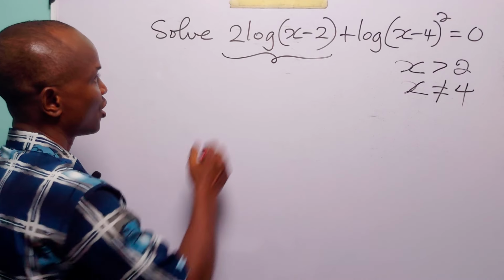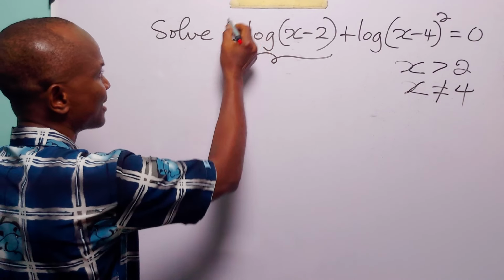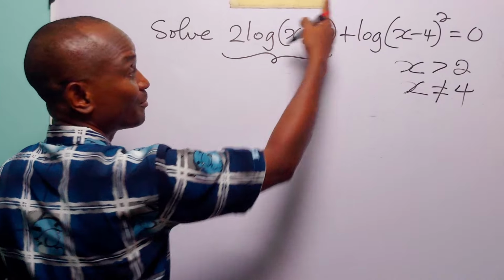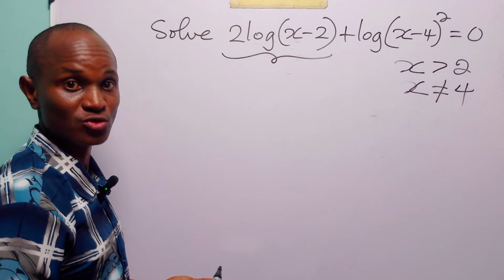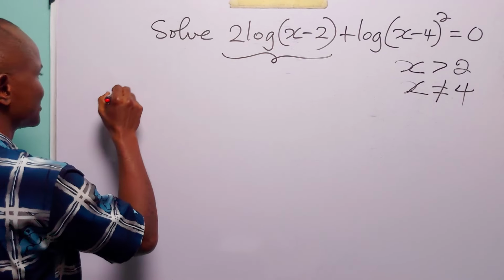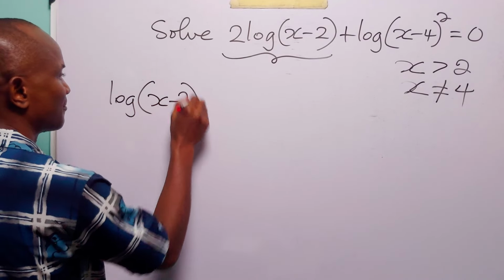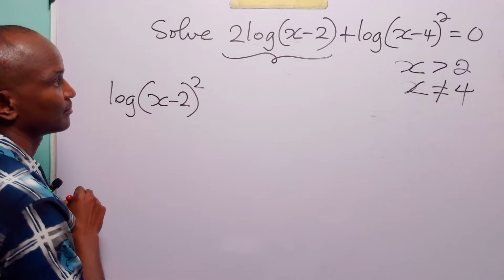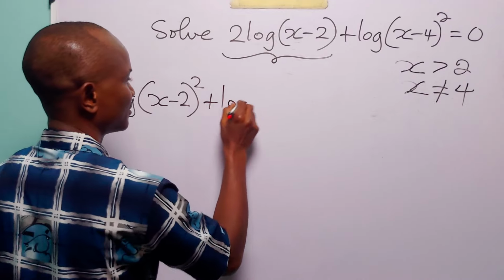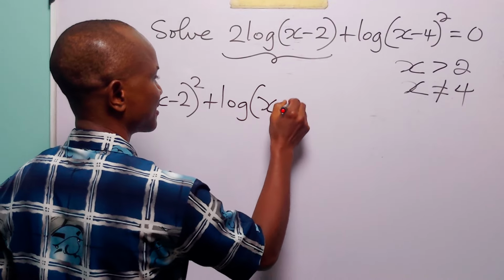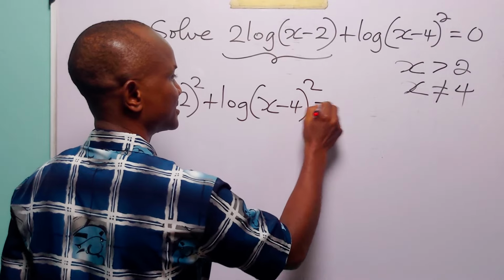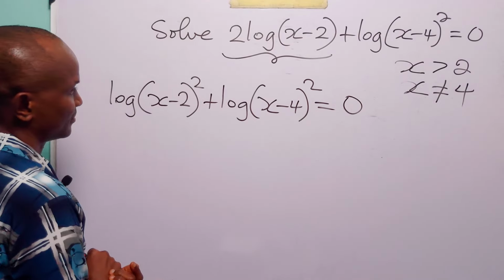Now, to solve this equation, we are going to start by applying the power rule of logarithms to this first term. We are going to bring this multiplier up to become the exponent of (x - 2). When we do that, this is going to be log(x - 2) squared plus log(x - 4) squared is equal to 0.